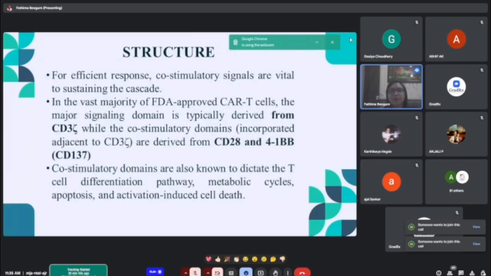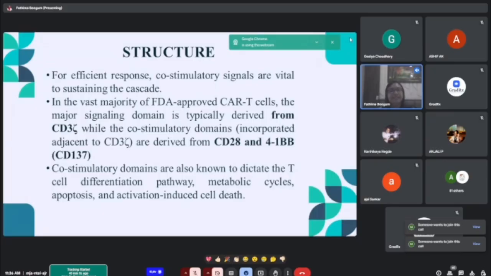For an efficient response, co-stimulatory signals are also needed. In the vast majority of FDA approved CAR T cells, there is a co-stimulatory domain. This co-stimulatory domain is very essential.